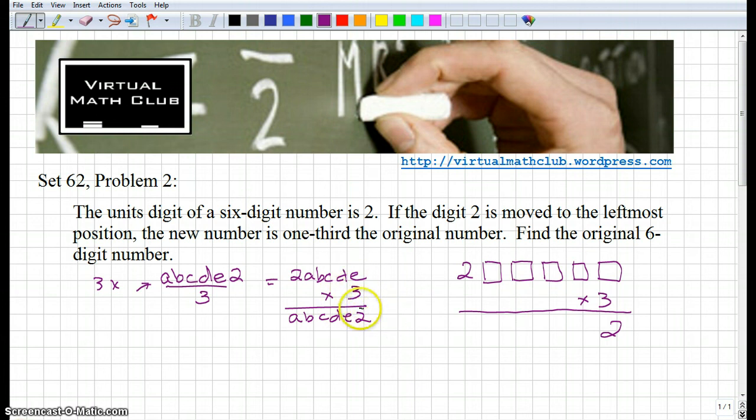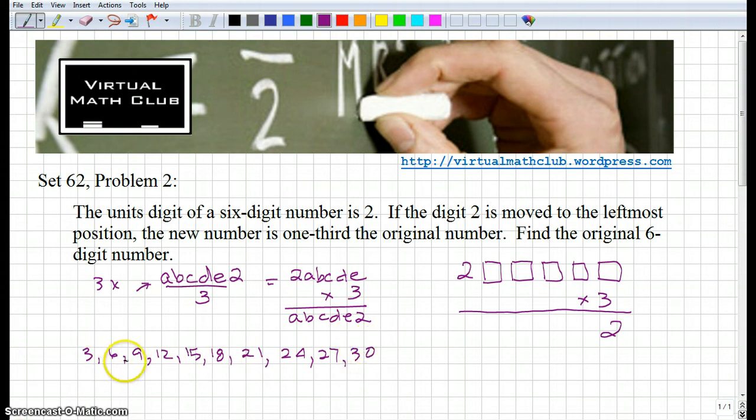One thing that will be handy is that I'm dealing with multiples of 3, and then I'm looking at the units digit. So I'm going to list out all of the multiples of 3: 3, 6, 9, 12, 15, 18, 21, 24, 27, and 30. That's just the first 10.